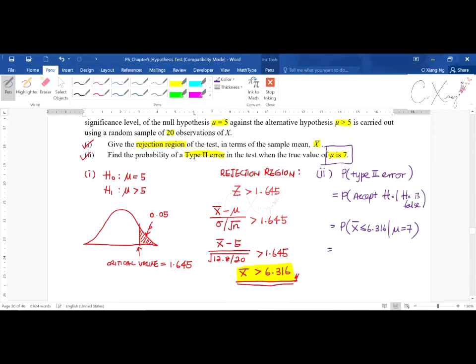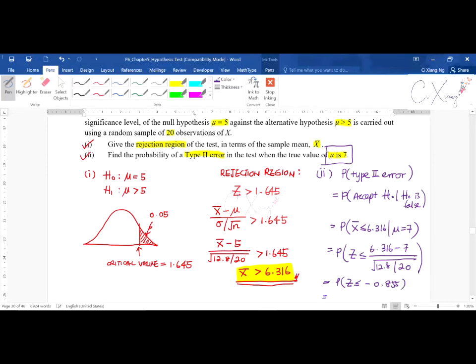Okay, so continue from here. I think it will be not a problem for you already. So sample mean minus the population mean divided by the square root of variance 12.8 over 20. From here, if you continue, you have Z smaller than or equal to negative 0.855.